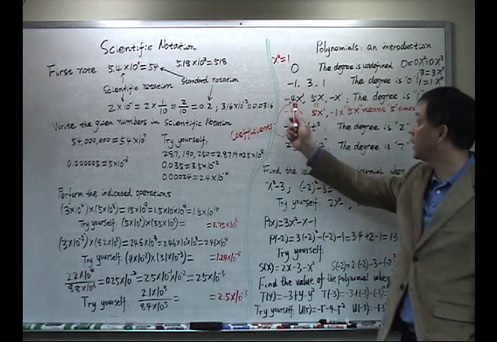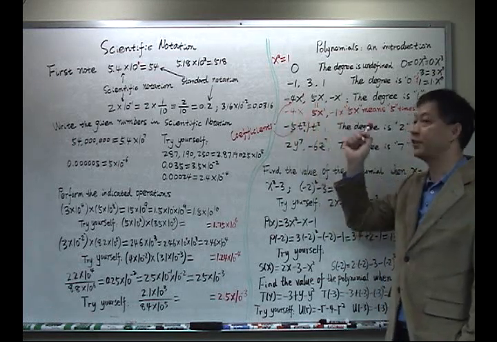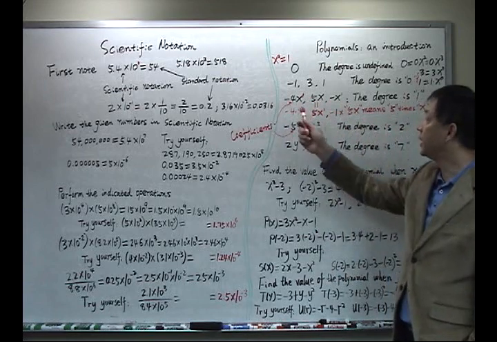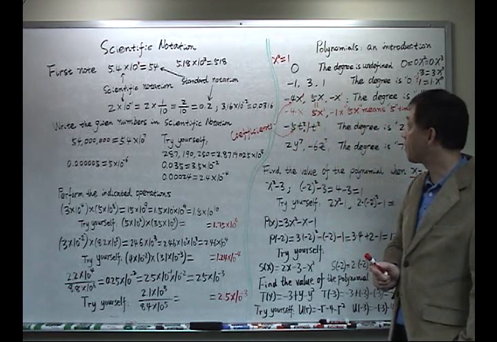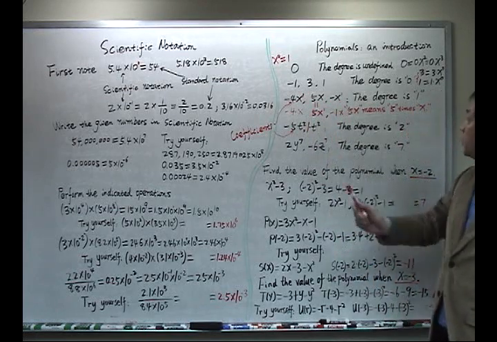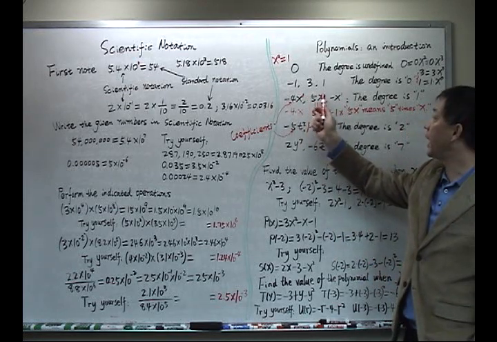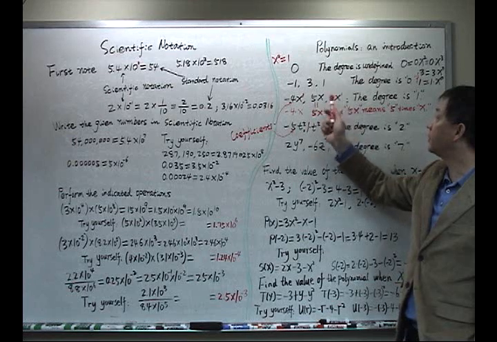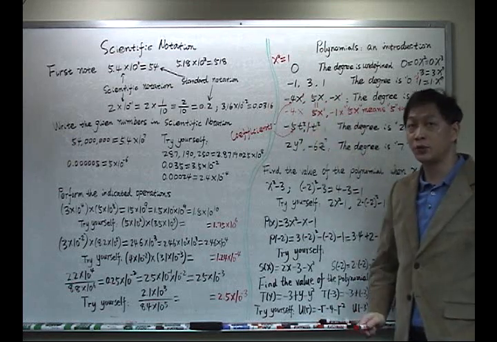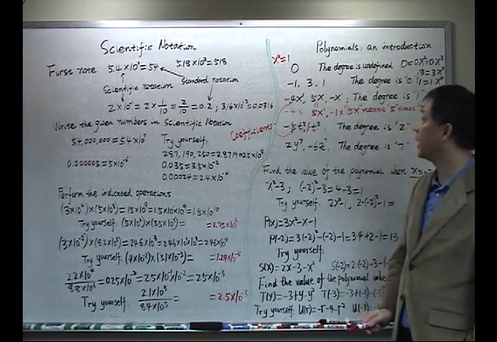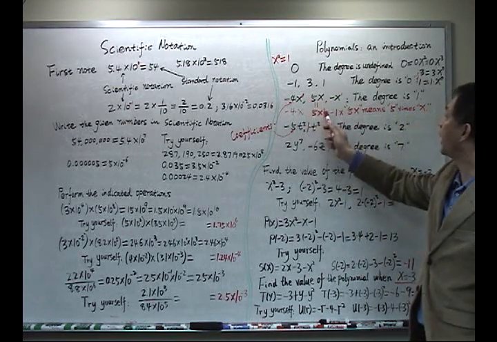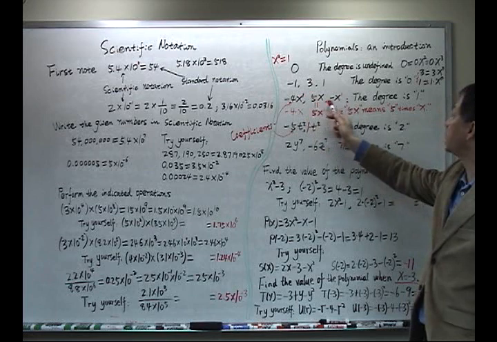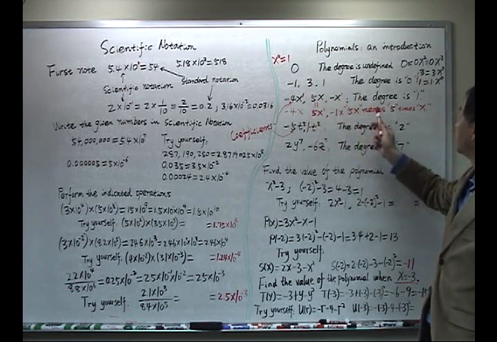Now, let's look at these special cases. You see negative 4x, 5x, negative x. We can see there is an exponent 1 above the x on the right-hand side, on the shoulder. So in this case, we say the degree of this kind of polynomial is 1.